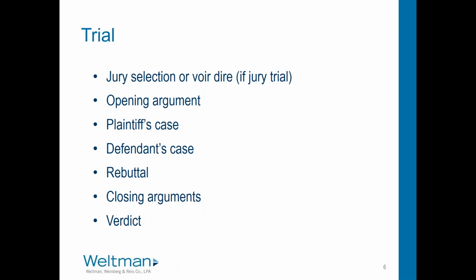After the closing arguments are made, the jury is retired to the jury room where they reach a verdict, and that verdict is read. These are civil cases; they are not criminal cases, which means that you don't have to have a unanimous verdict. And the standard in these cases is preponderance of the evidence.